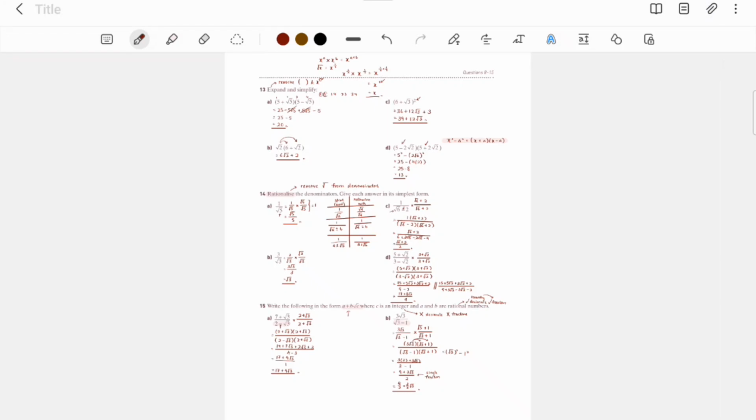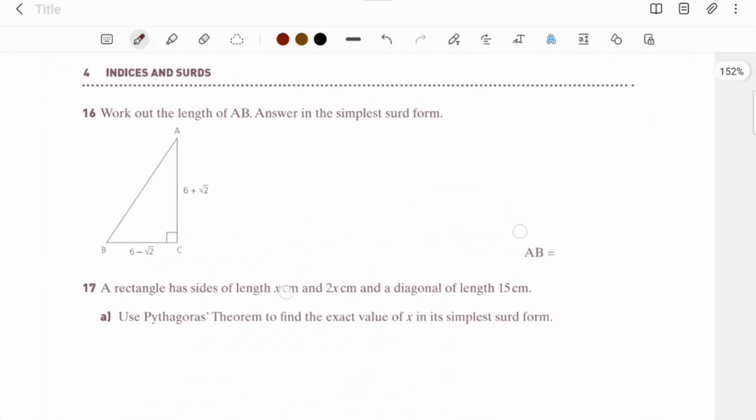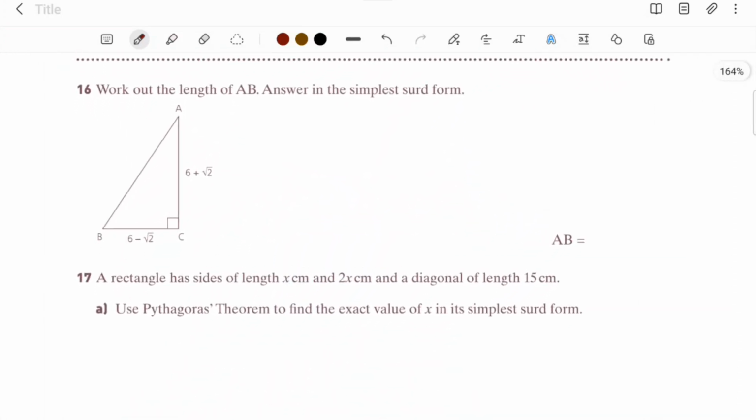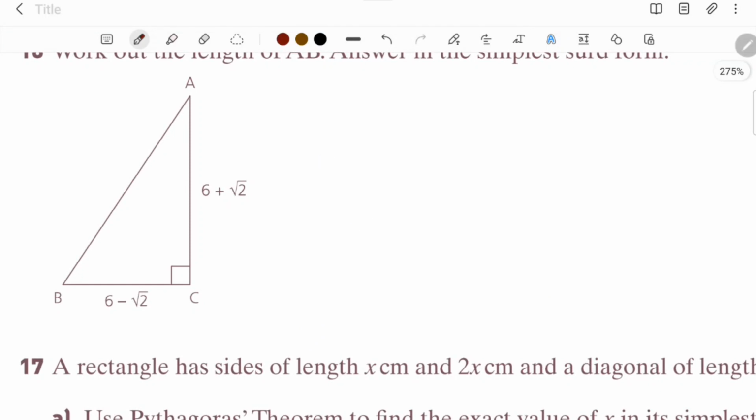Okay, so let's look at the last page. Okay, number 16. Work out the length of AB. Answer in the simplest surd form. So this one, notice that this one is a right angle triangle.